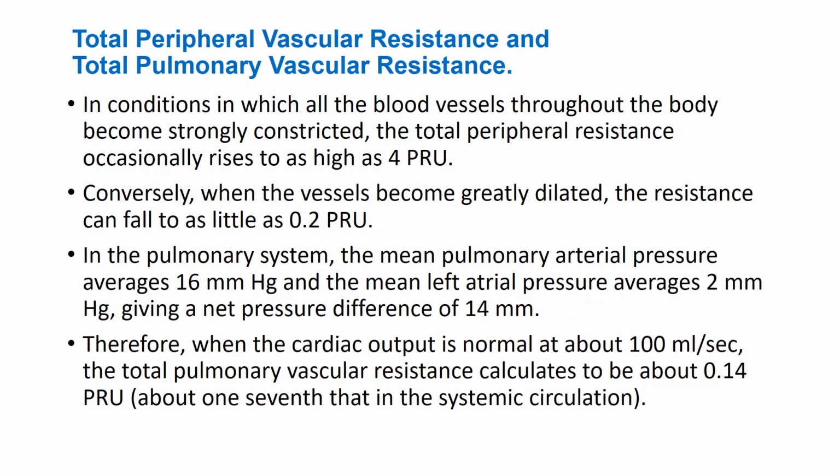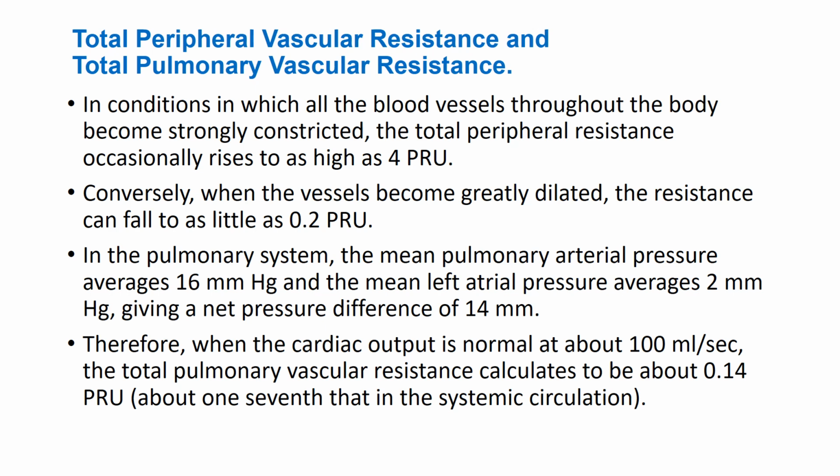In conditions in which all the blood vessels throughout the body become strongly constricted, the total peripheral resistance occasionally rises to as high as 4 PRU. Conversely, when the vessels become greatly dilated, the resistance can fall to as little as 0.2 PRU.